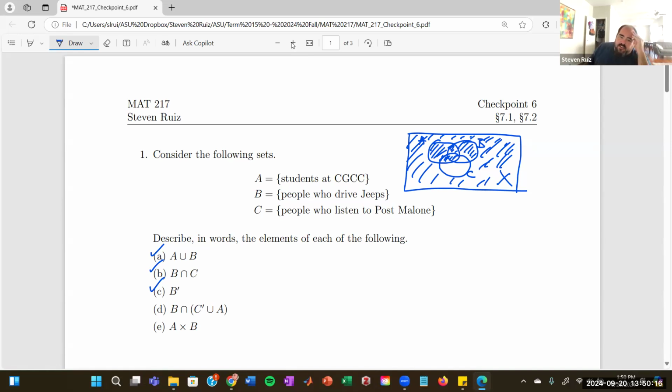So let's start over again. So this set includes people who are students at CGCC, or people who are Jeep drivers who either listen to Post Malone and also go to CGCC, or Jeep drivers who don't go to CGCC and don't listen to Post Malone.